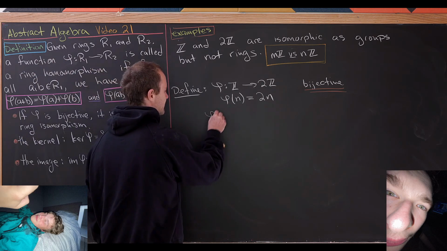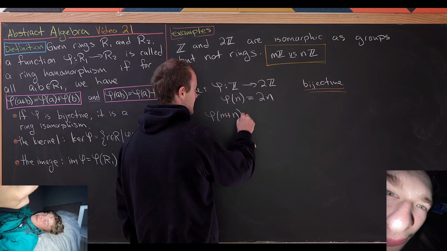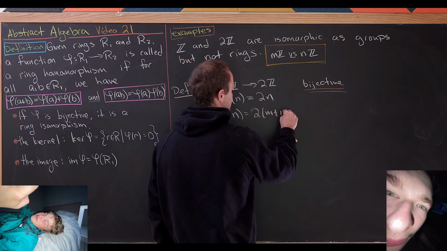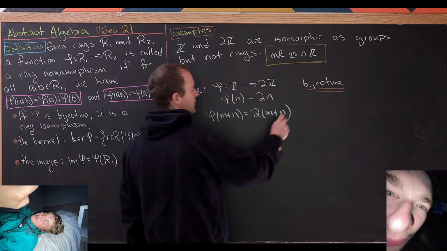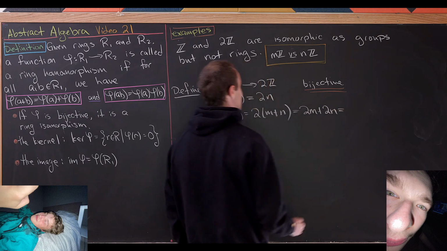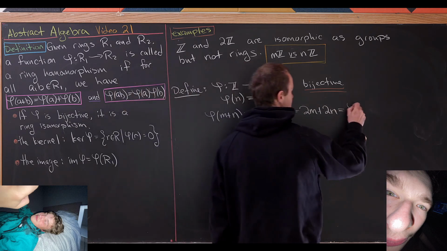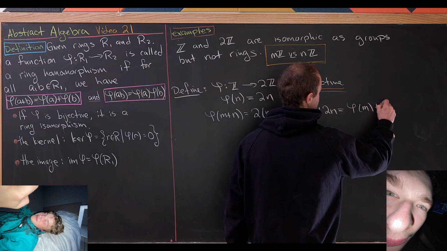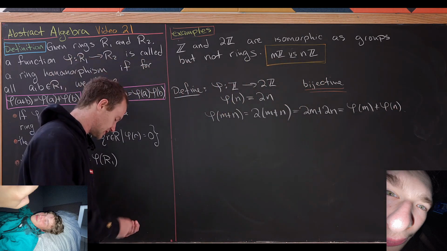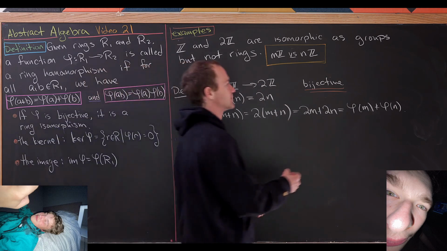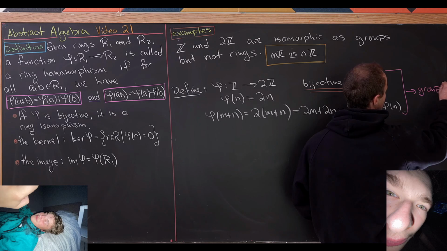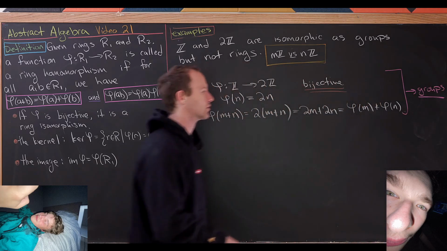We'll have phi of m plus n is equal to 2 times (m plus n). But now we know that multiplication distributes, so we have 2m plus 2n. And indeed, that is phi of m plus phi of n. So this shows us that we do have an isomorphism on the level of groups. So these are essentially the same group.